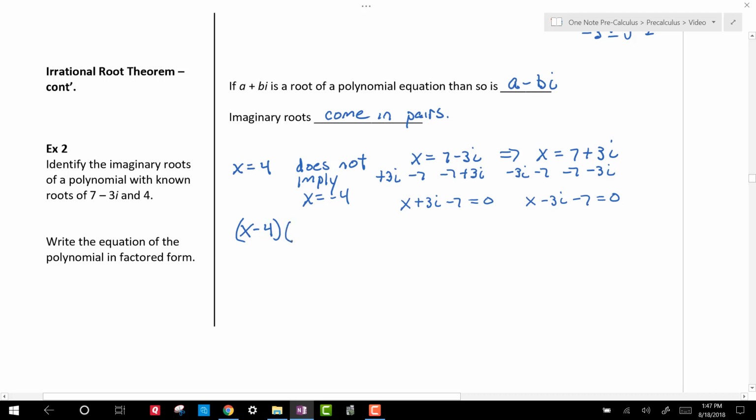But so here's my other factors. x plus 3i minus 7 and x minus 3i minus 7 equals, and this time I'll just use f of x for my value here. And it does say keep in mind to write it in factored form, so I don't have to worry about multiplying all that stuff out at this point here.